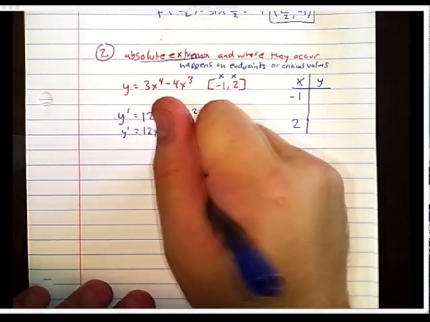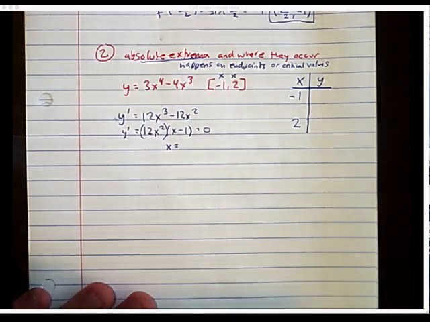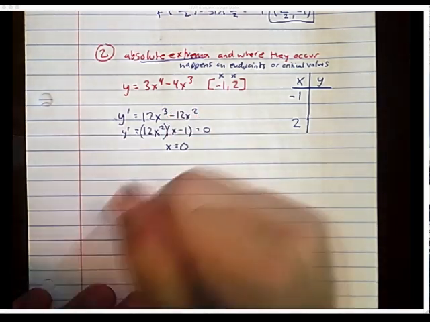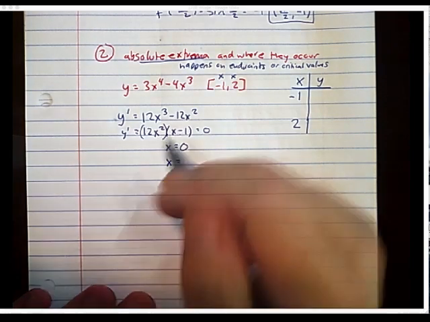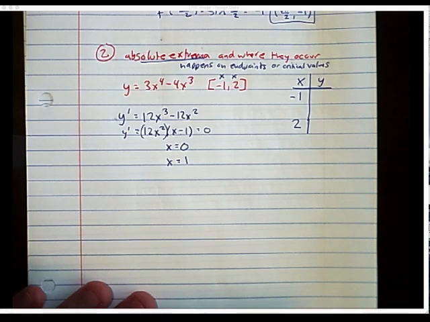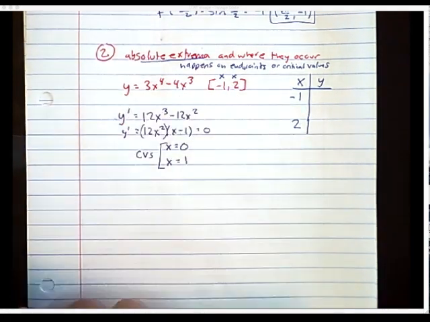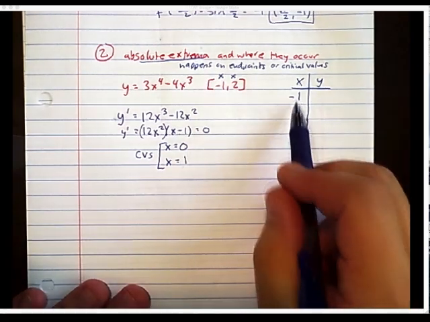So what numbers does that give me? Well, how would we make that thing equal to 0? Well, if x was 0, this whole first parenthesis would be 0. And what number minus 1 would give me 0? Hopefully you say it's 1. Okay. So these two numbers are the critical values. Both of these numbers fall between negative 1 and 2.